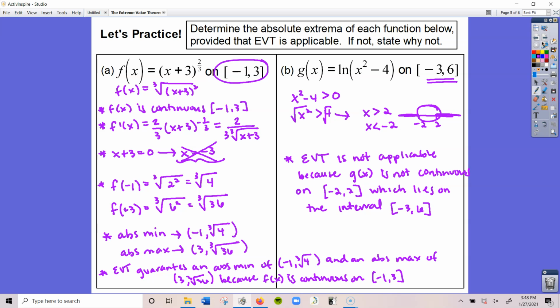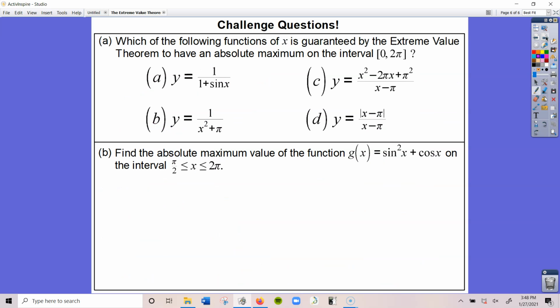Now let's look at some sample multiple choice questions. In this first one, it says, which of the following functions of x is guaranteed by the extreme value theorem to have an absolute maximum on the interval 0 to 2 pi?